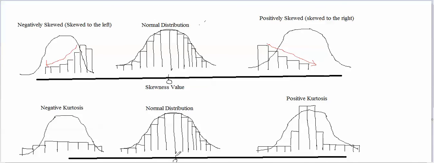And the further the kurtosis value is above 0 out here, the more dramatic of a positive kurtosis you have. So right here could be a slight negative kurtosis, and right here could be a slight positive kurtosis. So a perfectly normal distribution will have a skewness value of 0 and a kurtosis value of 0.